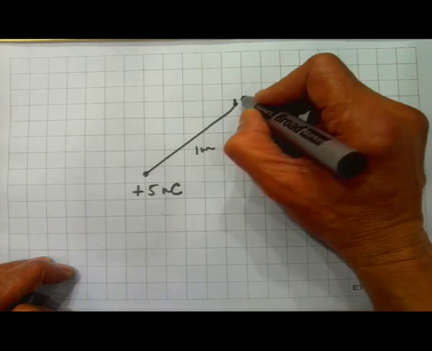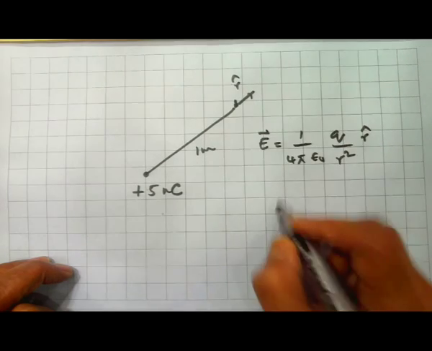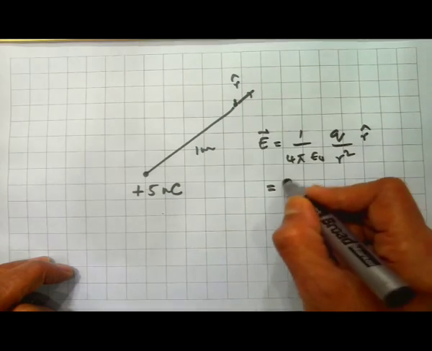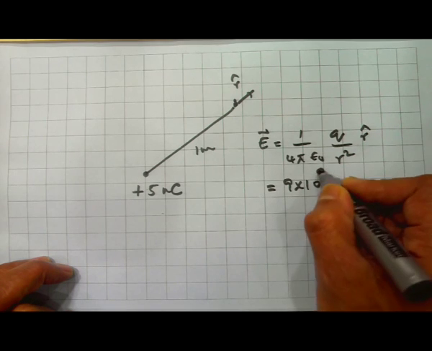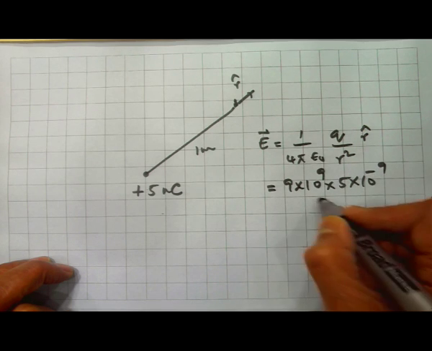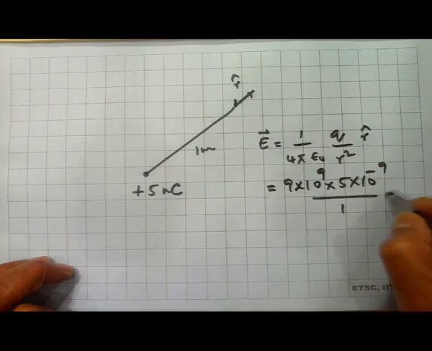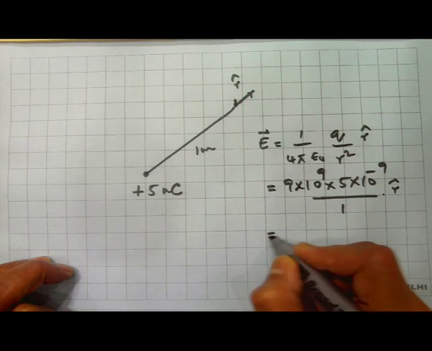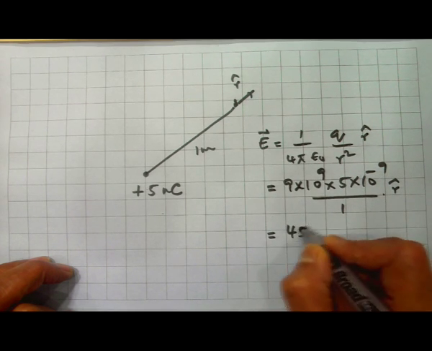If I define r cap as this direction, then this is 9 into 10 to the power 9 into 5 nanocoulomb, 5 into 10 to the power minus 9, by 1 meter square into r cap. So, this is equal to 45.